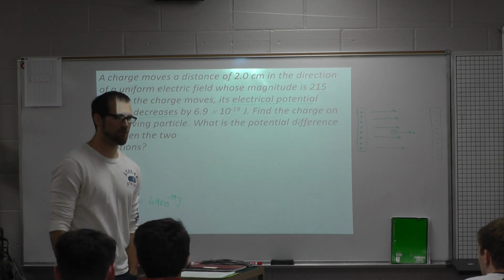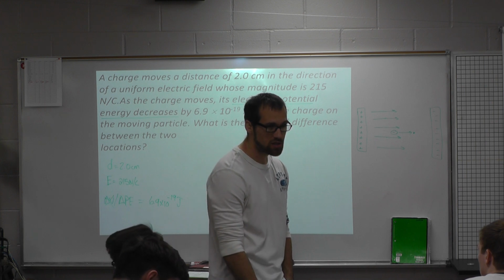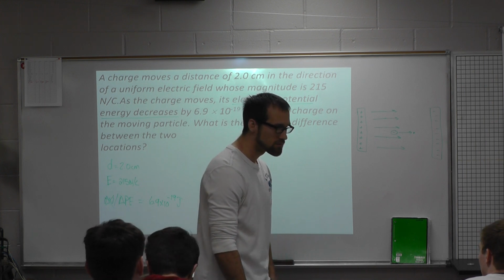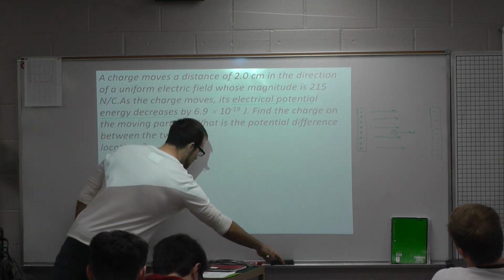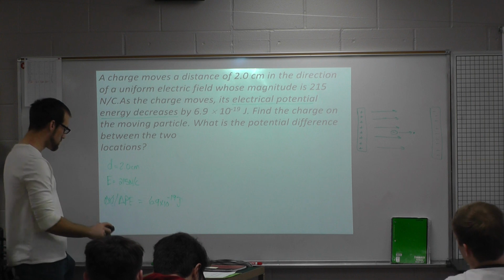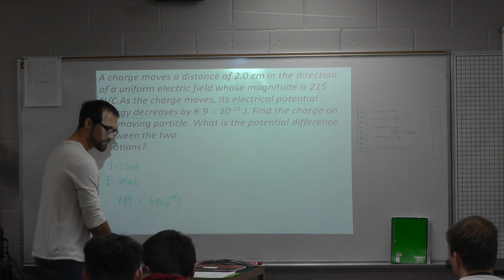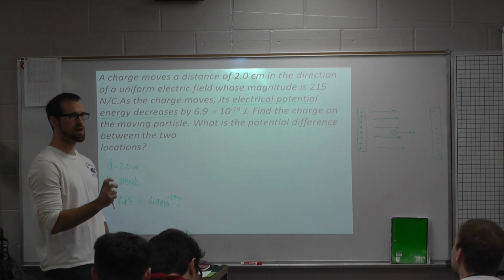The potential difference is the change in the potential energy per charge. Is that because the charge doesn't change? I thought we were using V equals change in PE. No, we're using V. I was just trying to show you that they're pretty much the same.